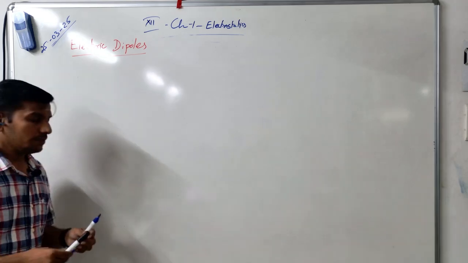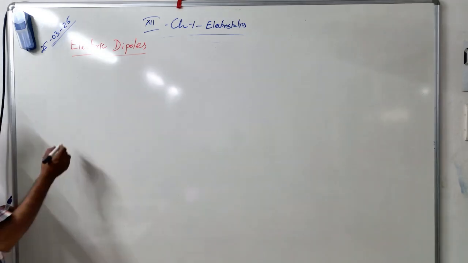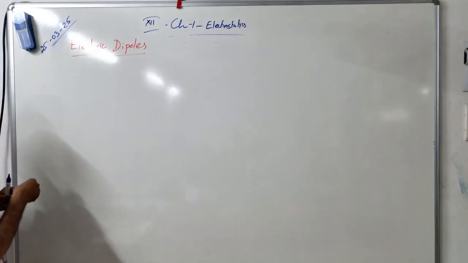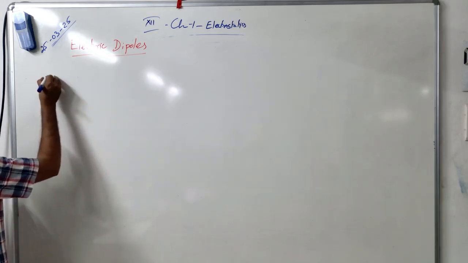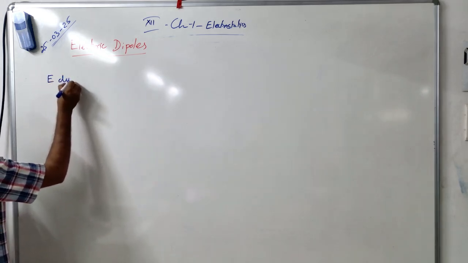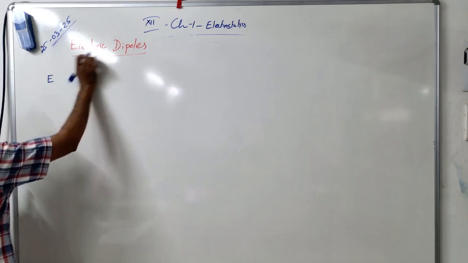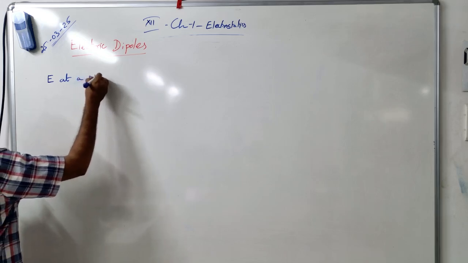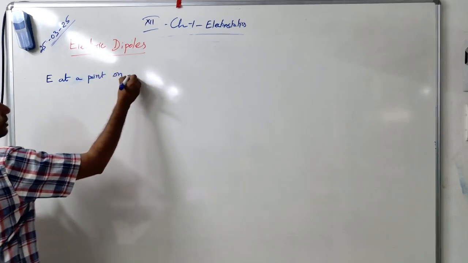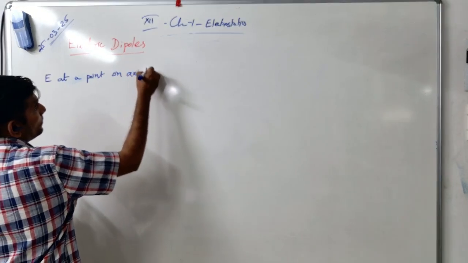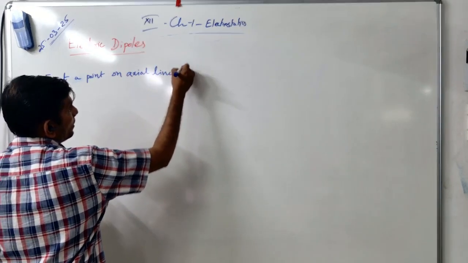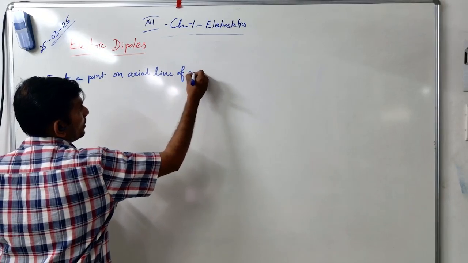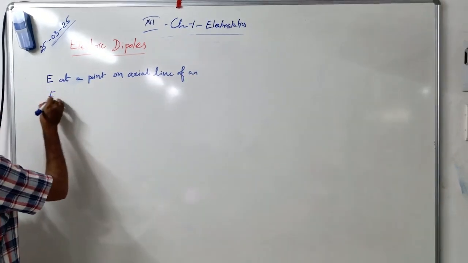Shall we? Yes. So today we are going to study electric field. Give the title, children. Electric field due to, or electric field at a point on the axial line of an electric dipole.